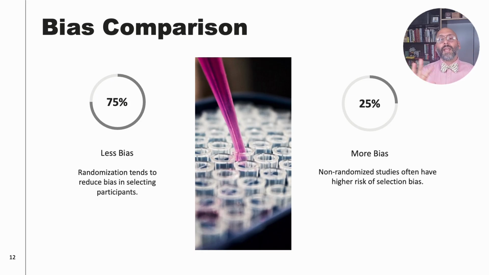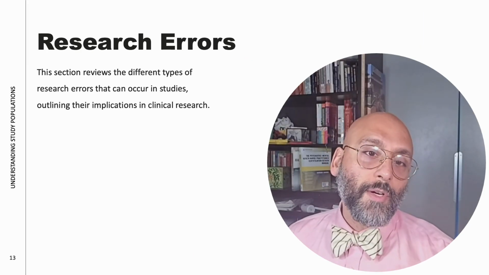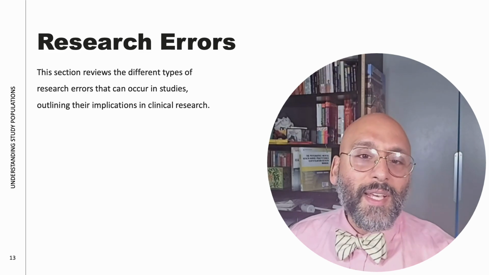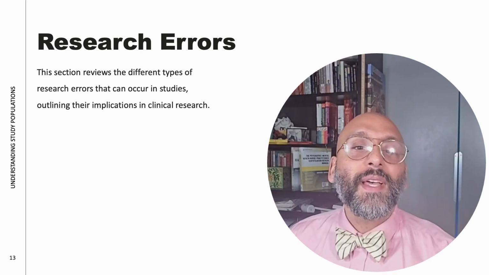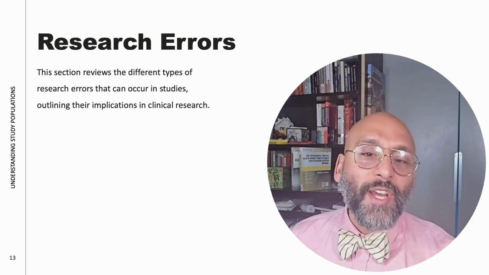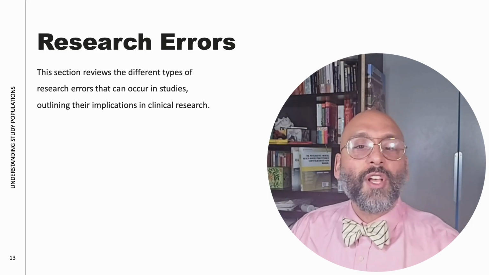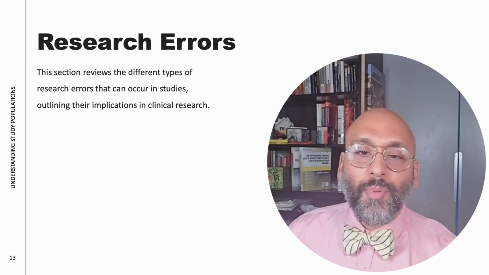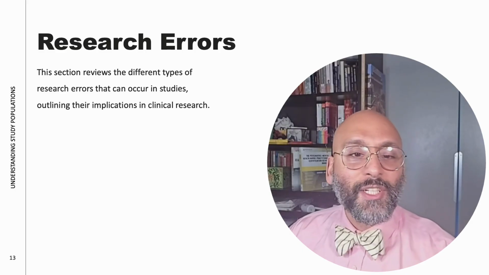This section introduces research errors, not as an abstract statistical mistake, but as predictable ways studies can mislead clinicians. So, in this context, a research error refers to a systematic mistake in how results are generated, interpreted, or applied that leads to incorrect clinical conclusions.